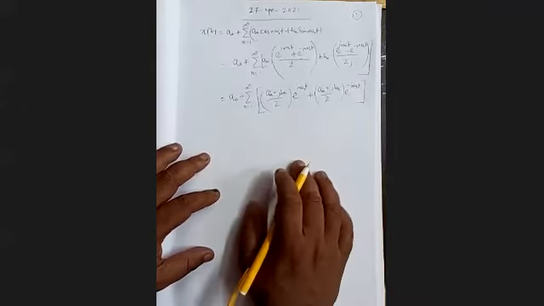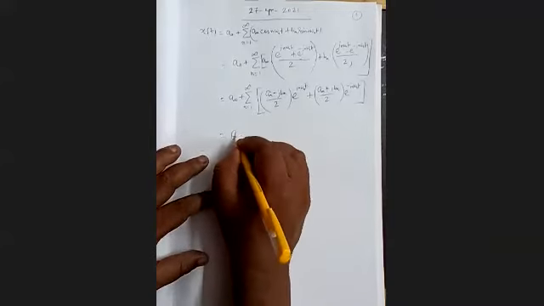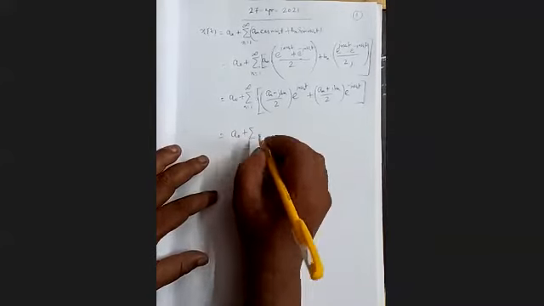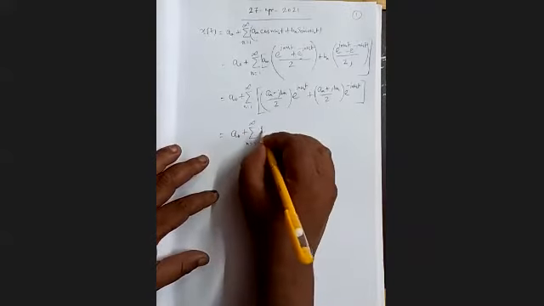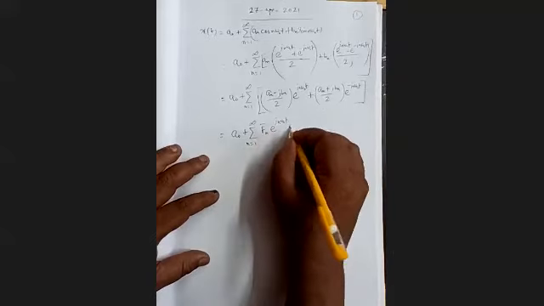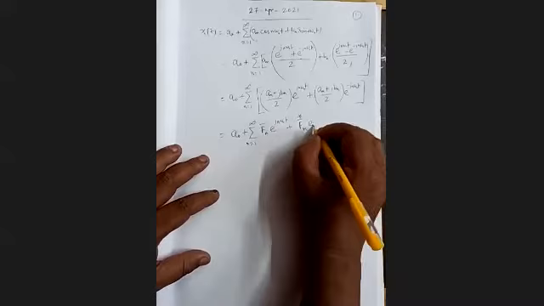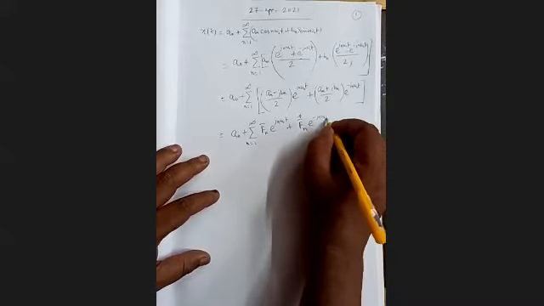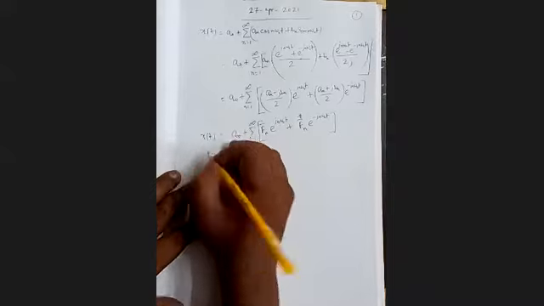Just I made one step jump, simple step jump. So we can write it as A0 plus summation Fn bar e to the power j n omega 0 t plus Fn bar star e to the power minus j n omega 0 t. So this is our xt.